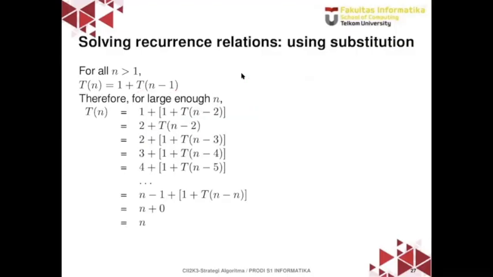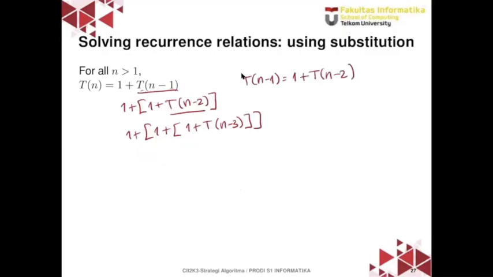So we can have it like this. This is the substitution for T(n minus 1), this is for T(n minus 2), this is for T(n minus 3), and this is for T(n minus 4). So from here we can see the pattern. When we have 5 here, we have 4 here. We have 4 here, we have 3 here.